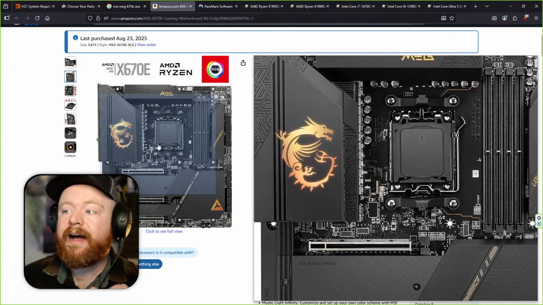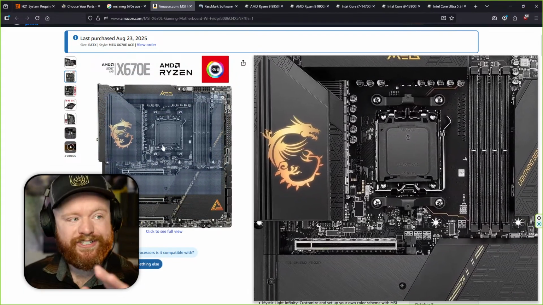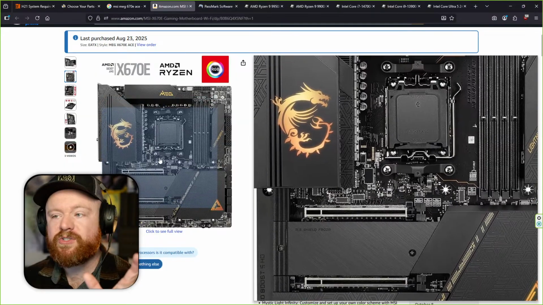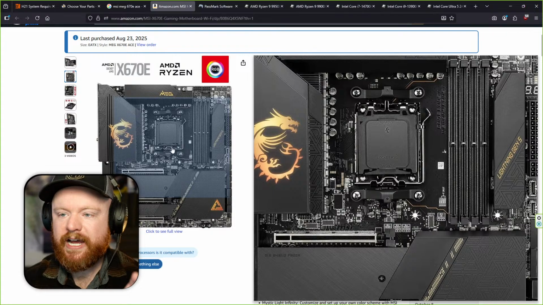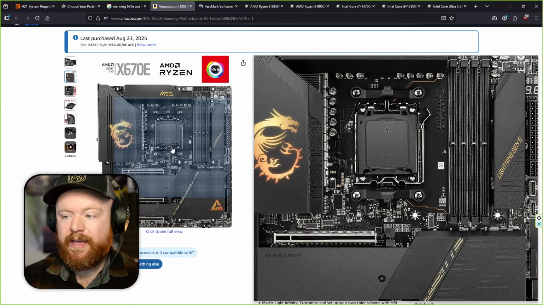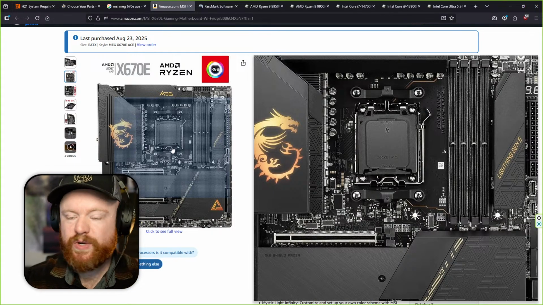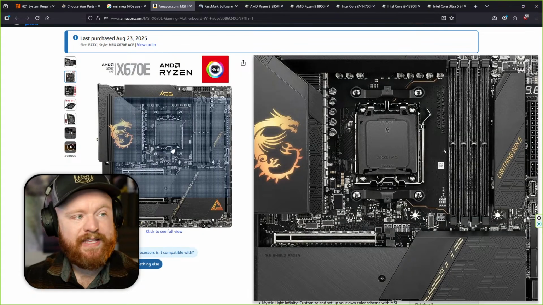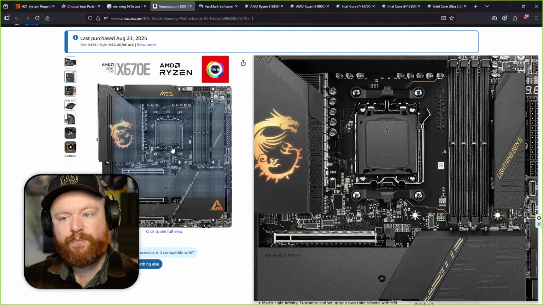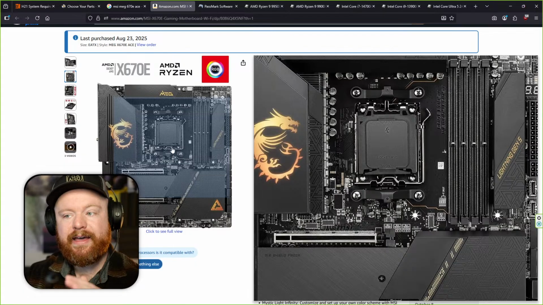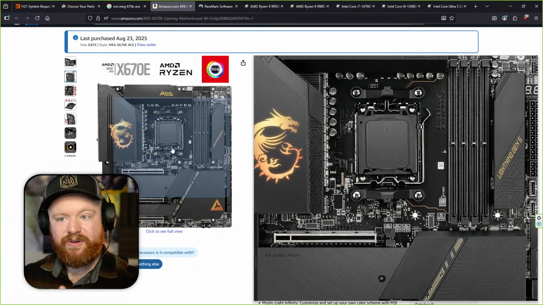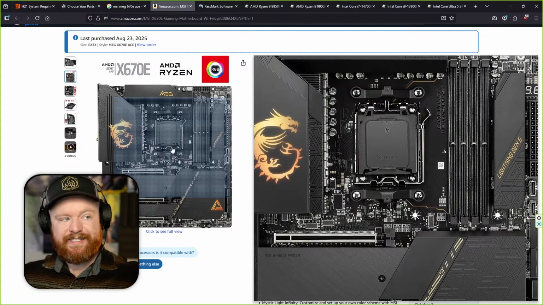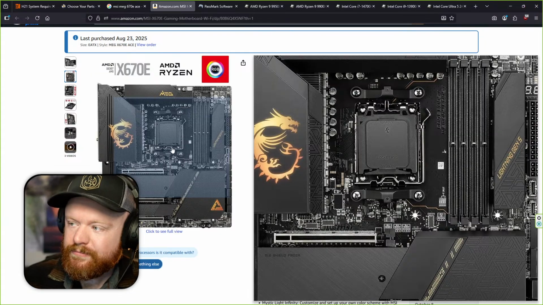With these higher end motherboards, you have more 16 lanes, and you also have more dedicated lanes. This first top lane that we're looking at right there is a 16 lane, and it's going straight to the CPU, which means that my 4070, the primary graphics card, has a dedicated lane. It's not sharing it with anything, and it's going straight to the graphics card with the full 16 width, if you will.